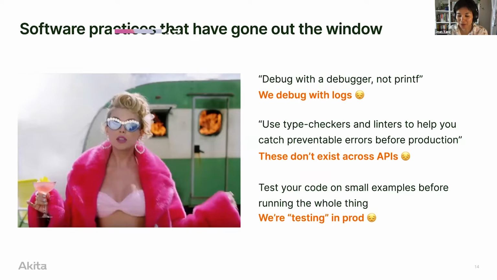You don't have that when you go across the network. And then test your code on small examples before running the whole thing. When testing in prod is the thing, you just need a different set of practices, because what do small examples mean? Our old testing practices have gone out the window.